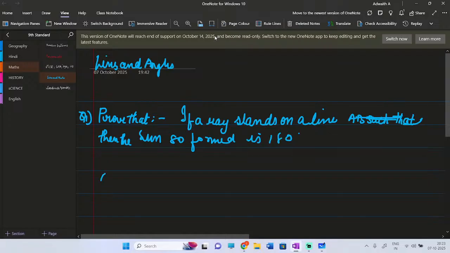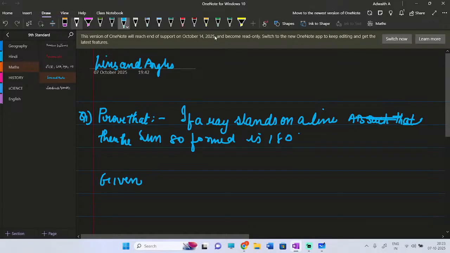So when we are proving an equation, we always write given. So what is given? That a ray.